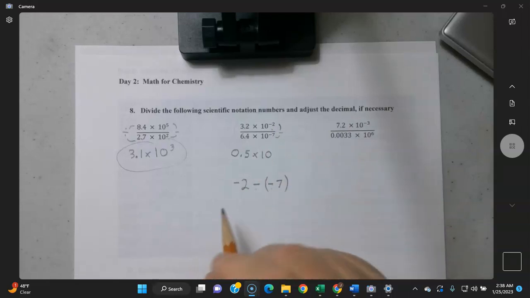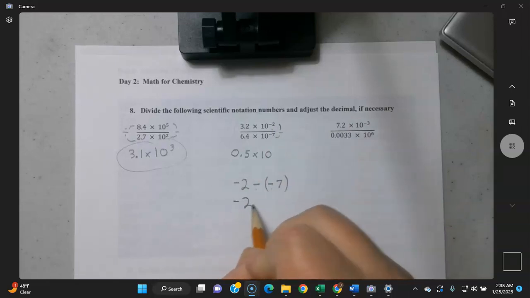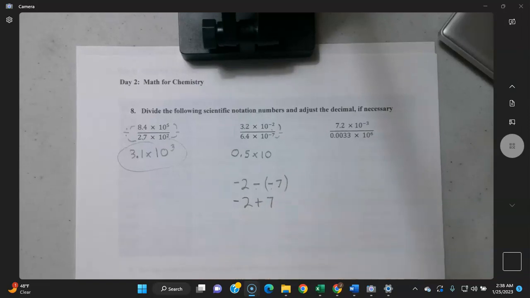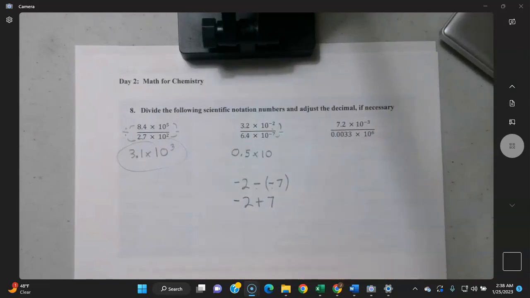Double negatives becomes a plus sign, so it's negative 2 plus 7. And you might even want to flip this around. You've got to be sure you take the sign with each of these. So I'm going to put the 7 over here and put the negative 2 over here. 7 minus 2, so that equals 5. Okay? Just be careful. Students make a lot of mistakes with negative signs, especially with division problems.